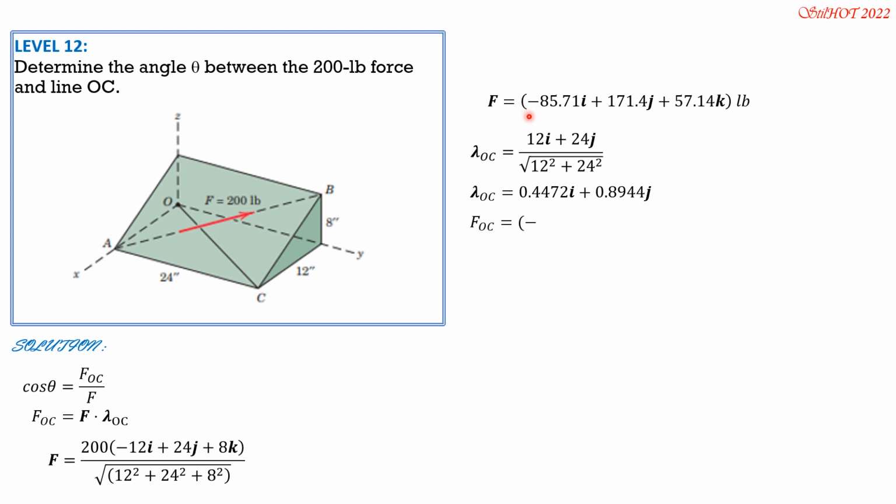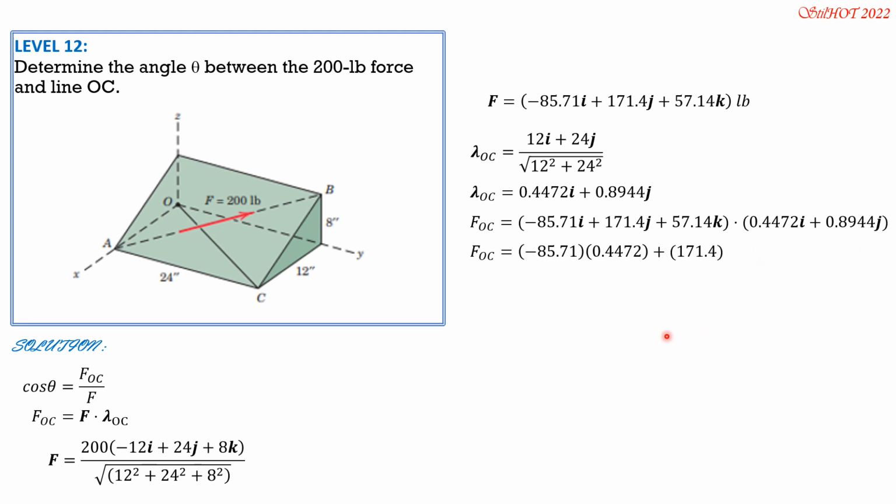F_OC is the quantity -85.71i + 171.4j + 57.14k dot the quantity 0.4472i + 0.8944j. So F_OC is -85.71 times 0.4472 plus 171.4 times 0.8944.